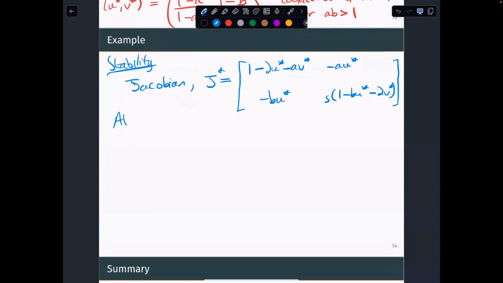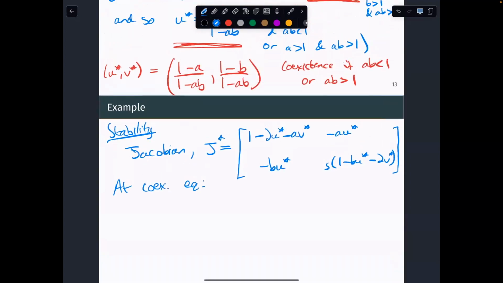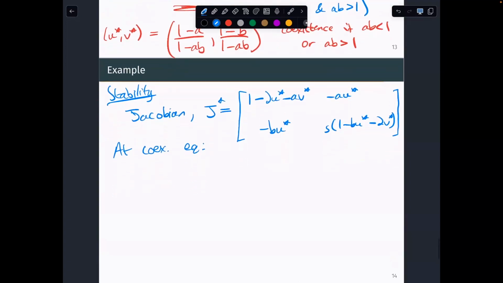At our coexistence equilibrium, we just substitute in what I've got in red here into that matrix, and then I want to find the eigenvalues. Now tell me, is this coexistence equilibrium stable or unstable? Turns out if you do that, you end up with minus u star, minus au star, minus bsv star, minus sv star.